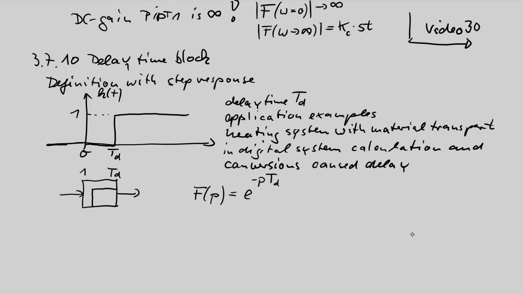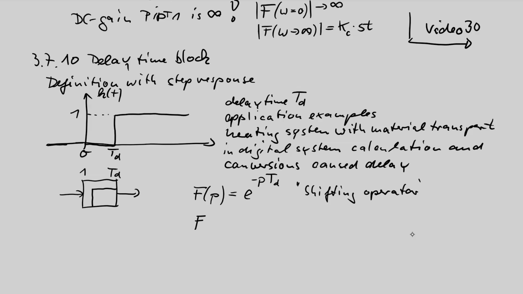That is the shifting operator, the Laplace shifting theorem. If we delay a time signal by Td, in the frequency domain we have to multiply the frequency function with e to the power of minus p times Td.